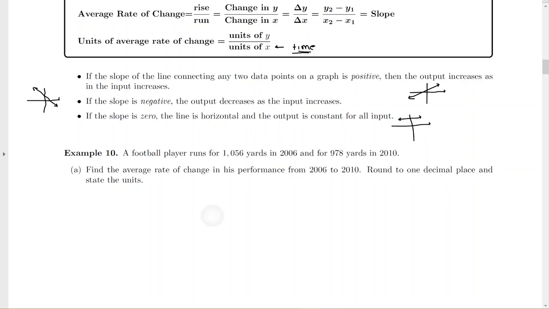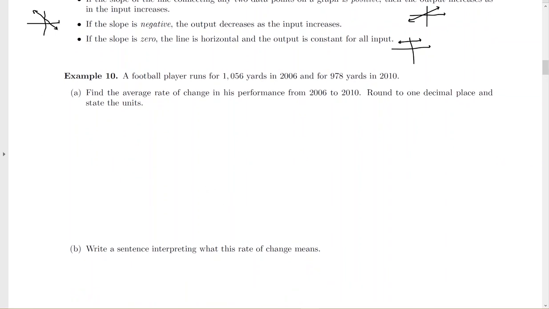So for example 10, we're going to look at this as finding 2 points and then finding the slope or the average rate of change. Our first point: a football player runs 1,056 yards in the year 2006.